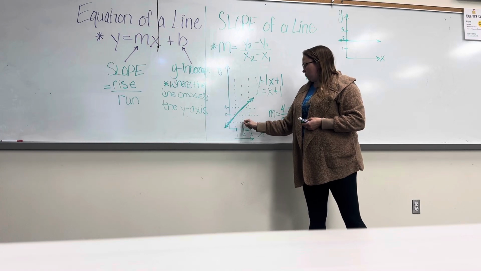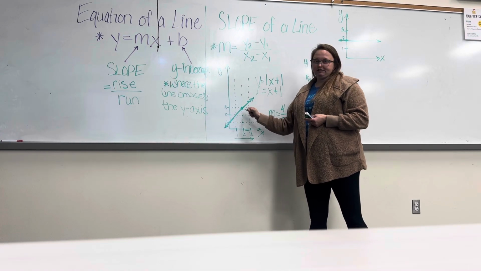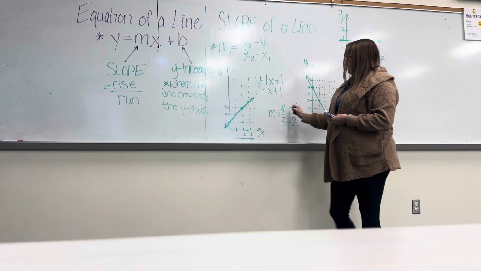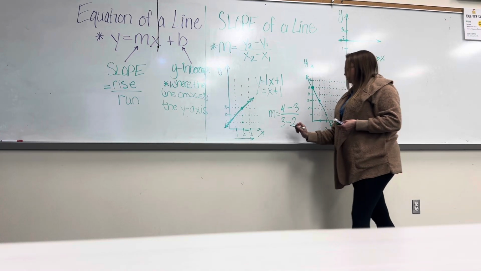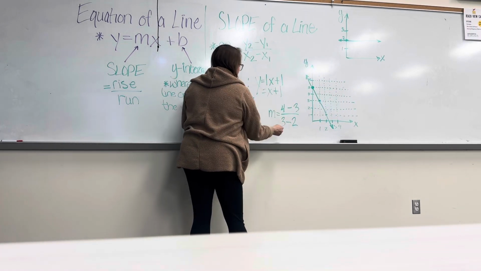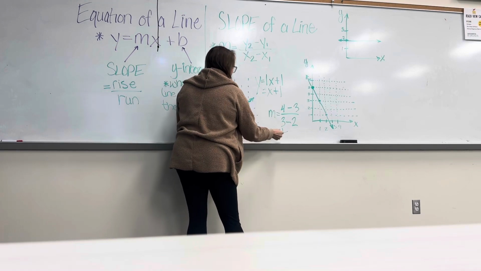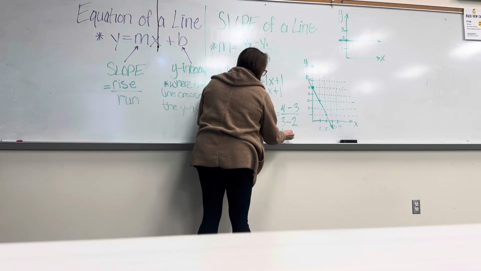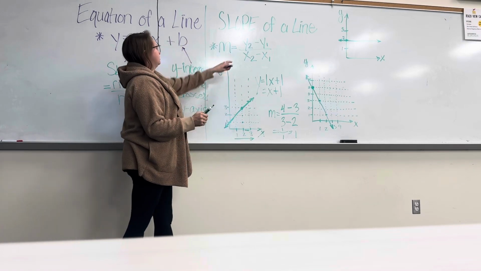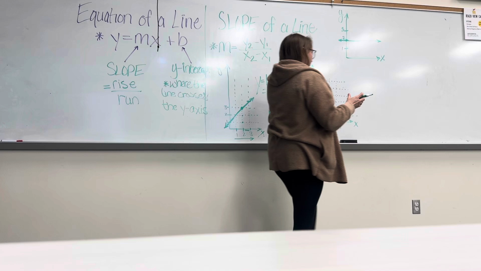We go 1, 2, 3. It intercepts at 3. So if you simplify this, you're going to get what? 4 minus 3 is what? 1. Over 3 minus 2 is what? 1. That equals a slope of 1. So that's how you use this slope of a line equation.